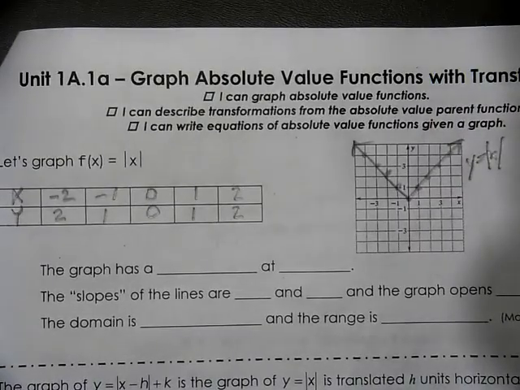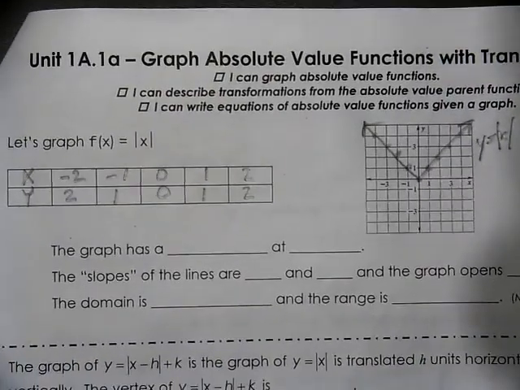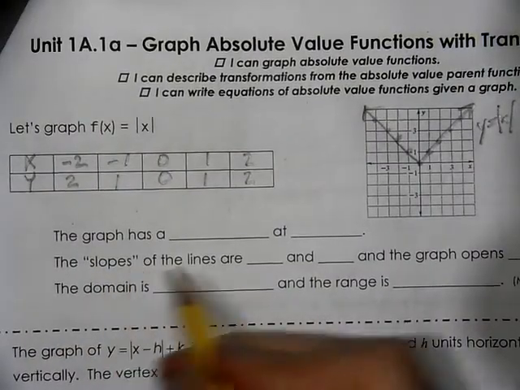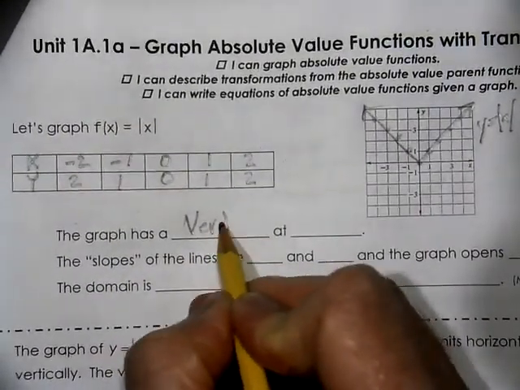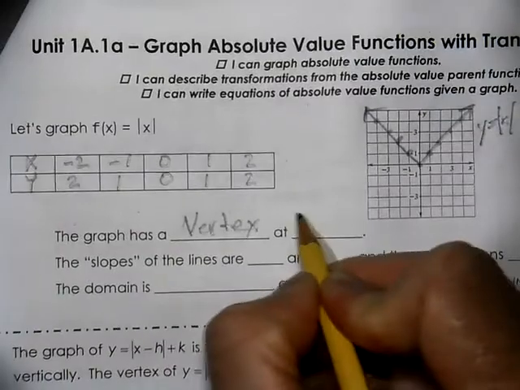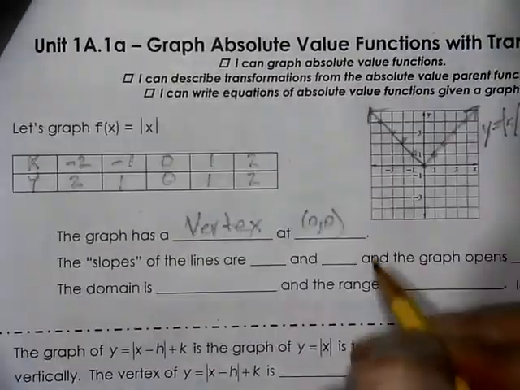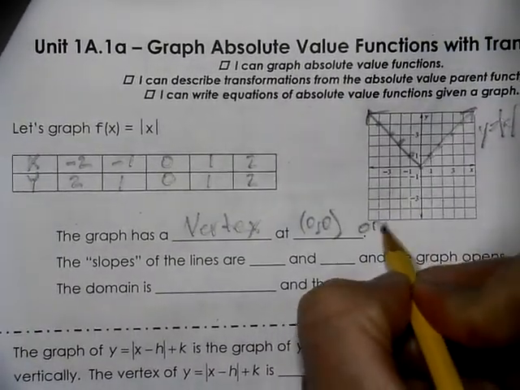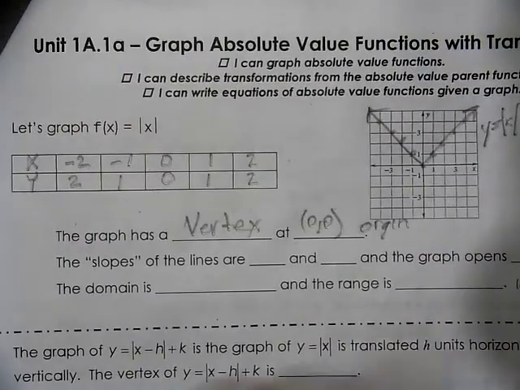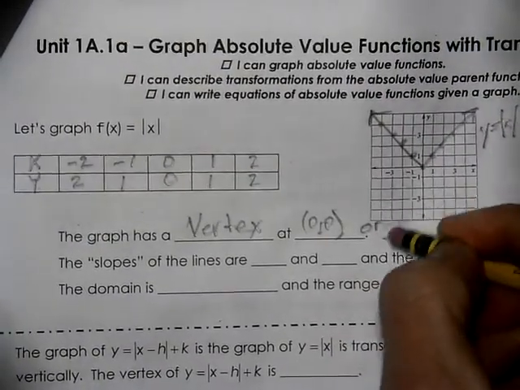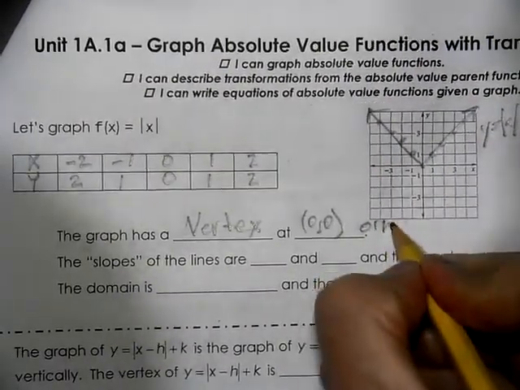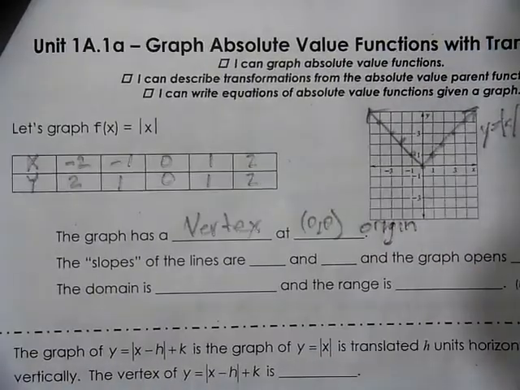So I like to label the graph next to it. The graph has a vertex at 0, 0, which is also considered the origin. Let me get my other letter in there. Origin.